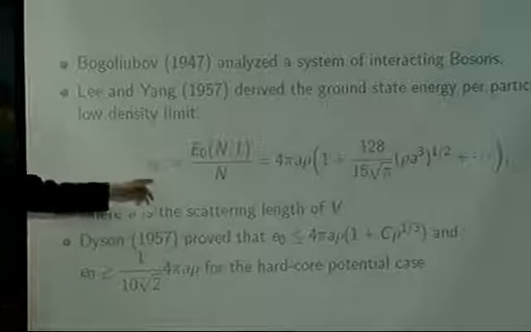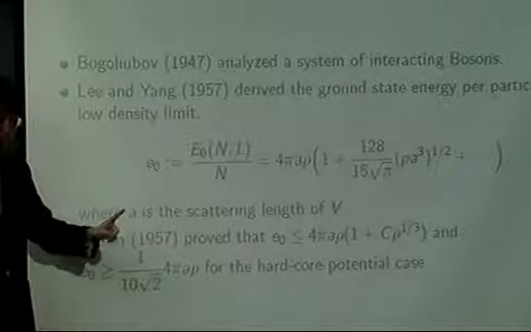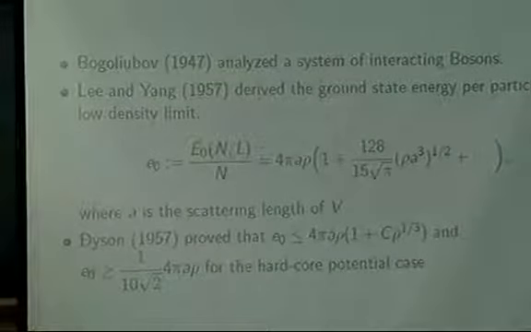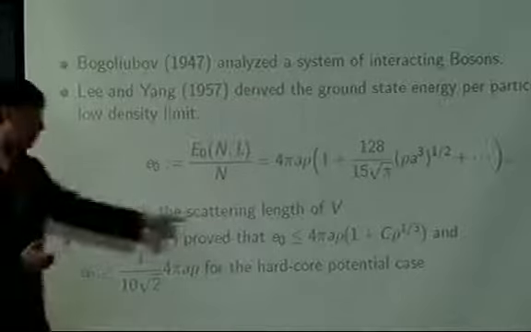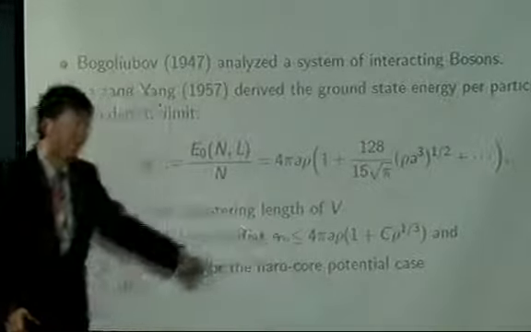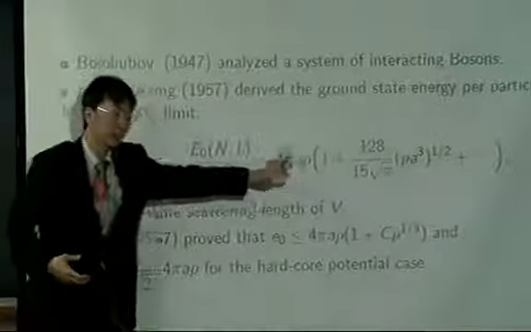So, to prove that the first term of the ground state energy is 4 pi a rho, people in mathematical physics want to prove this inequality, and this is bigger than this. By doing so, we can prove that this equals this, at least for the first term.